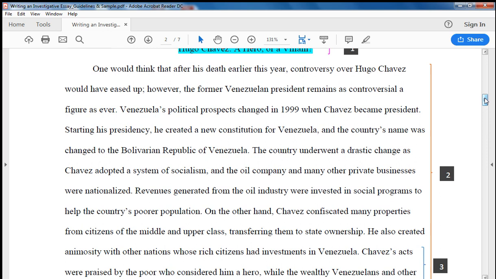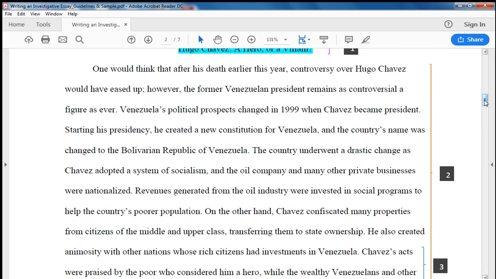Secondly, in setting up her essay, the student begins by presenting some background information. Often we refer to this part of the introductory paragraph as the hook or the contextual information.